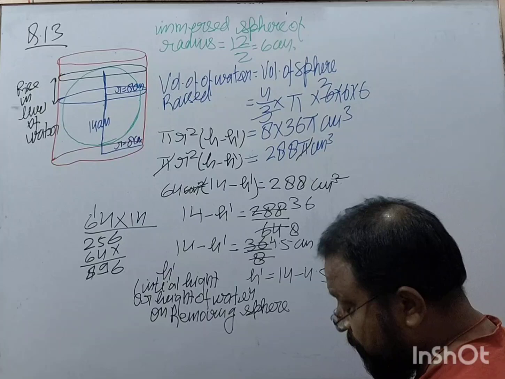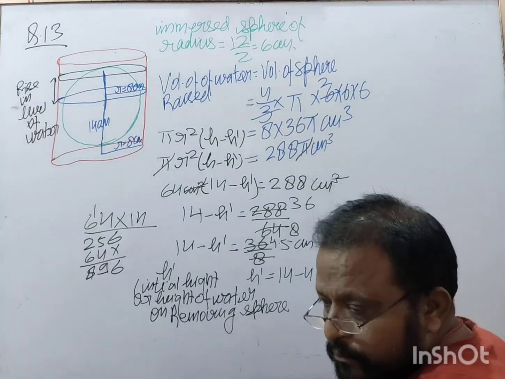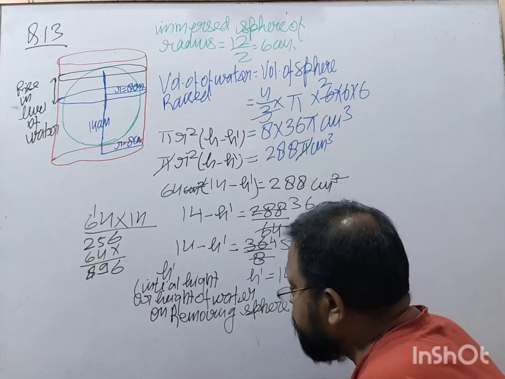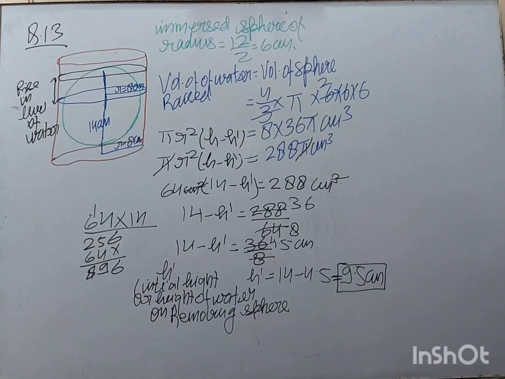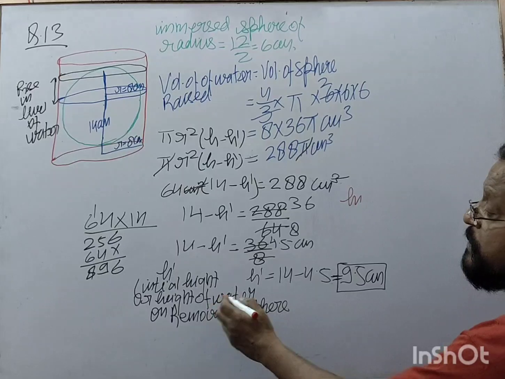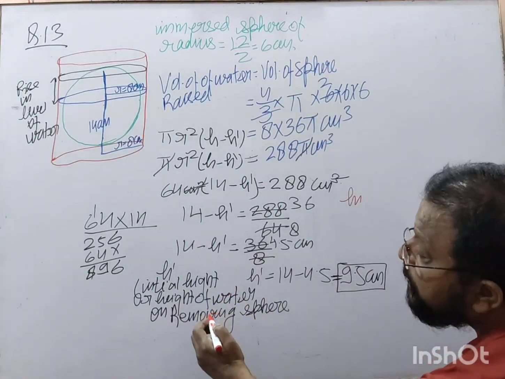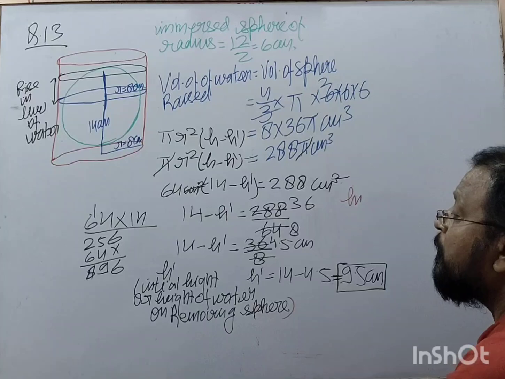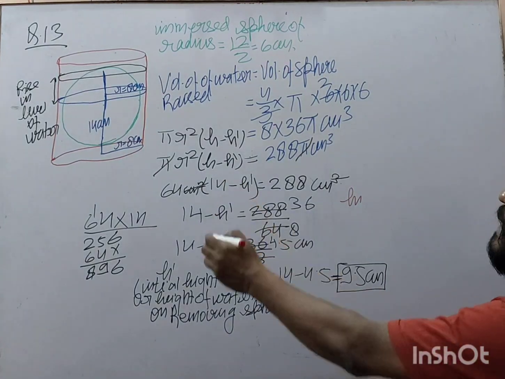So what is the question? By what height will water go down when the sphere is removed? So this is the initial height, and this is the raised height.